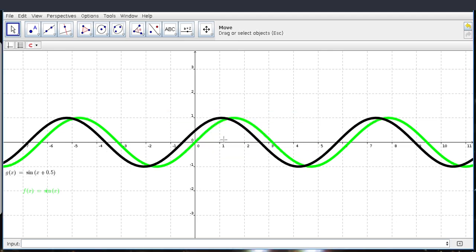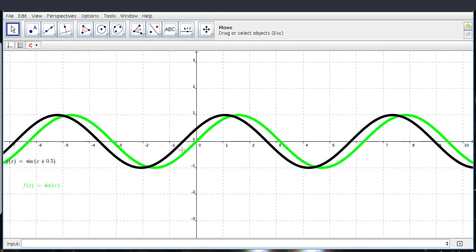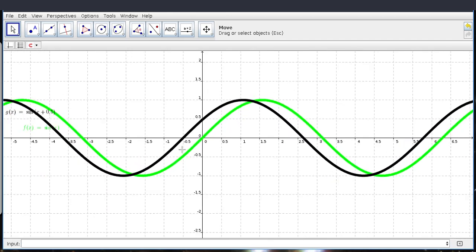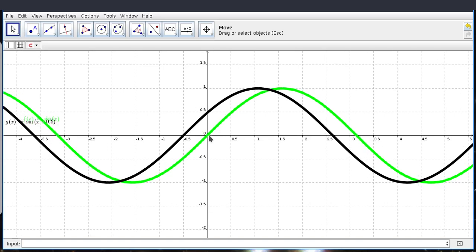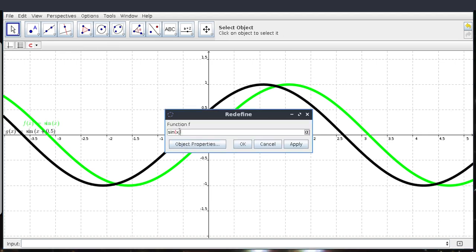What would happen? You see that? The original green graph cuts the origin at 0, but the modified graph, when you say plus 0.5, cuts at negative 0.5. So it's like the graph moves to the left.